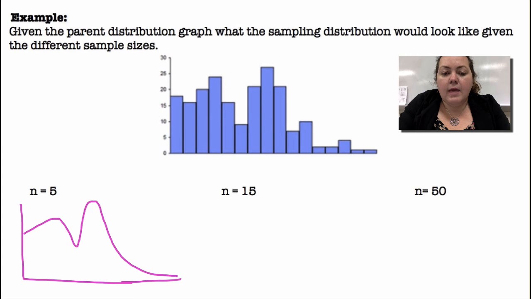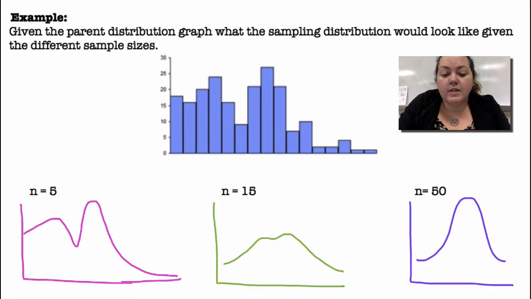And then when n is 15, when my sample size is 15, it's going to be a little bit more unimodal and more symmetric. However, it's going to be a little bit more spread out. And then when n is 50, all of those values, because again, you're taking a sample and you're getting a mean, and then you're getting another mean, and another mean. You're taking all of these statistics from a sample and you're graphing them.